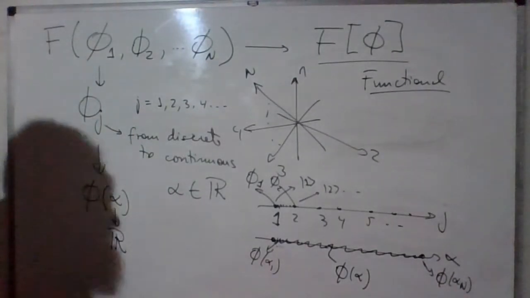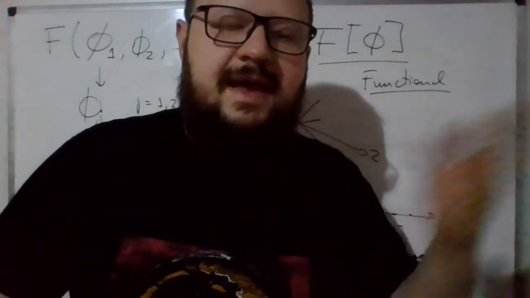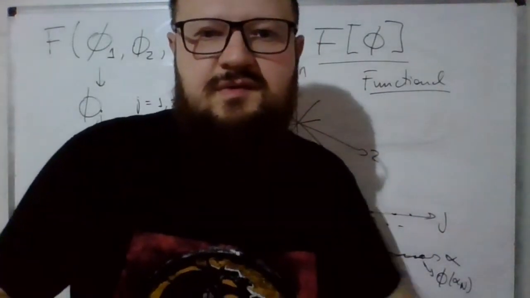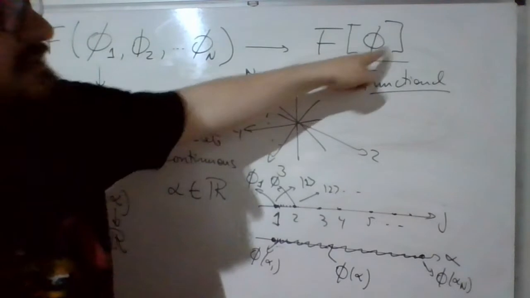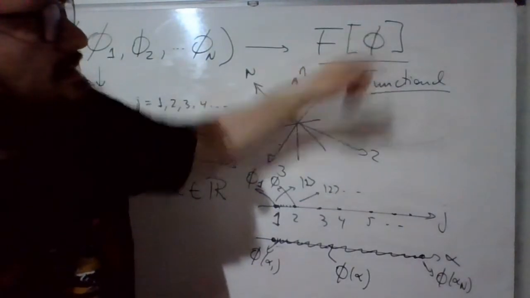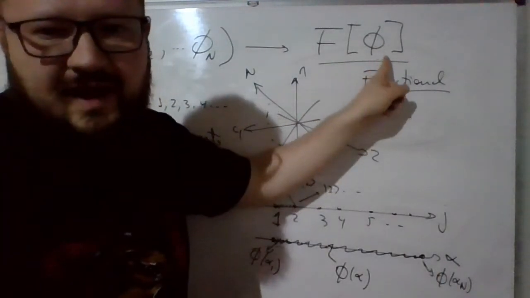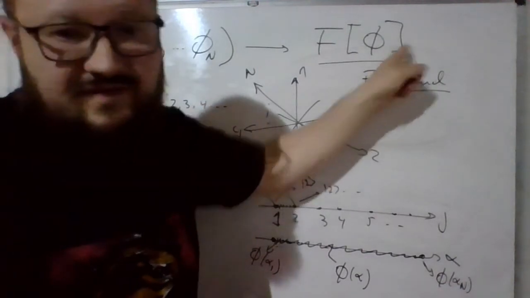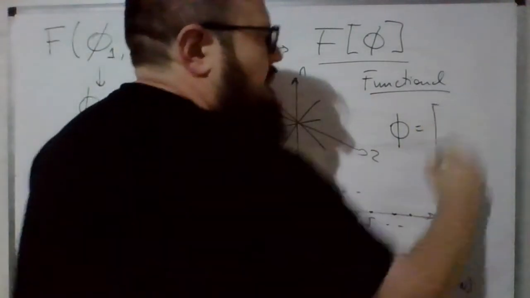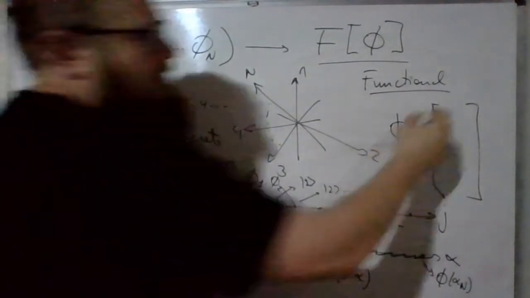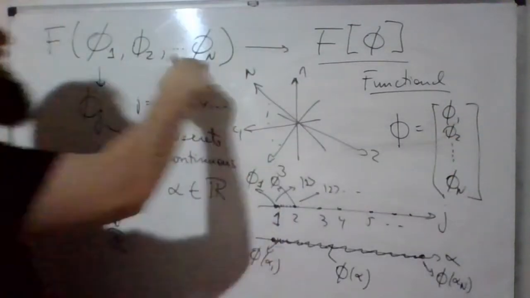So you have a mapping from space Rn in n dimensions to a real number. And in this case, you have a single phi here, but you could think about this phi as a vector. Let me represent it as a vector, which in the discrete scenario would have components phi1, phi2, till you reach the dimensionality of the space.